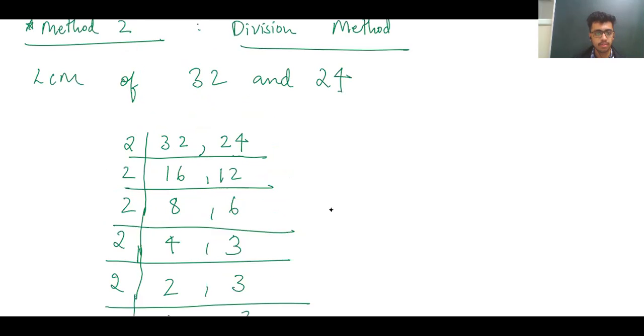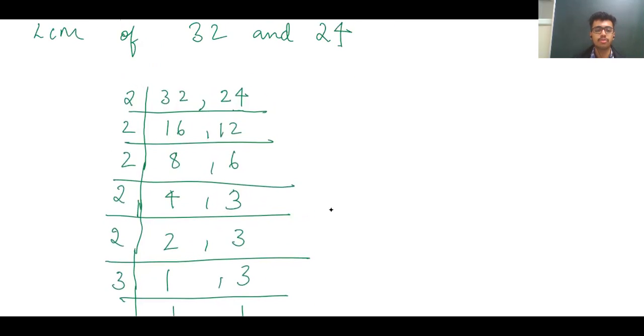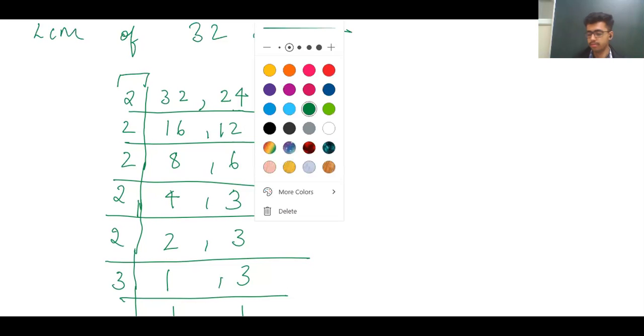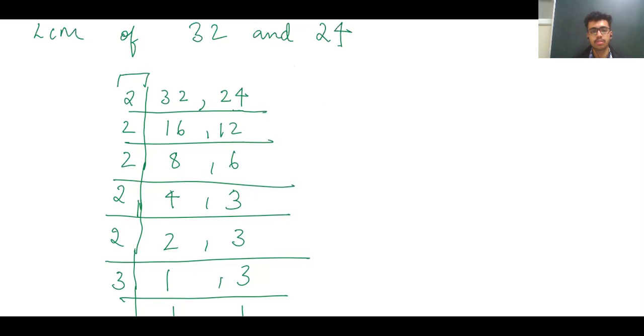Okay, so now what I'm left with is this column of numbers. Okay, so now what I'm going to do is choose all of these numbers and multiply them.